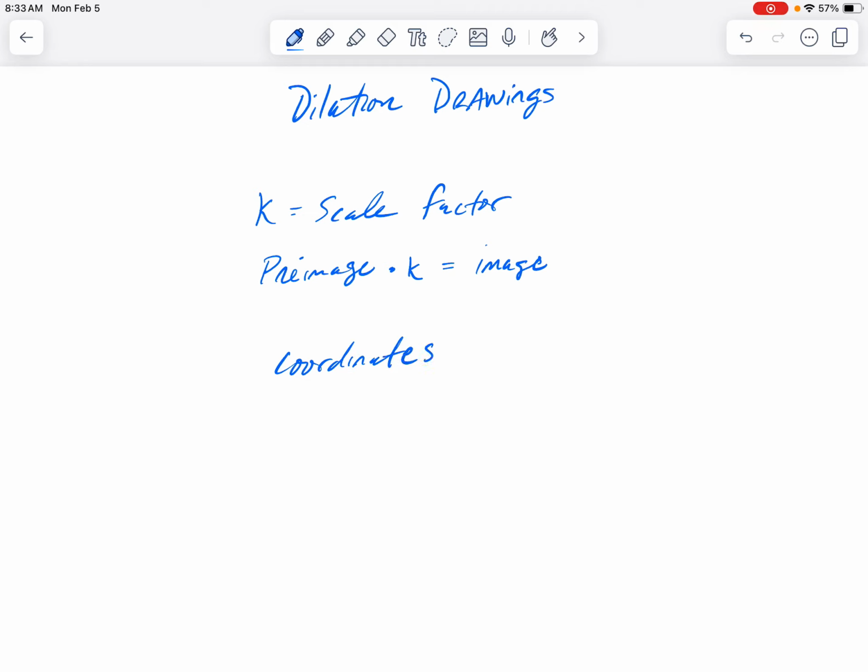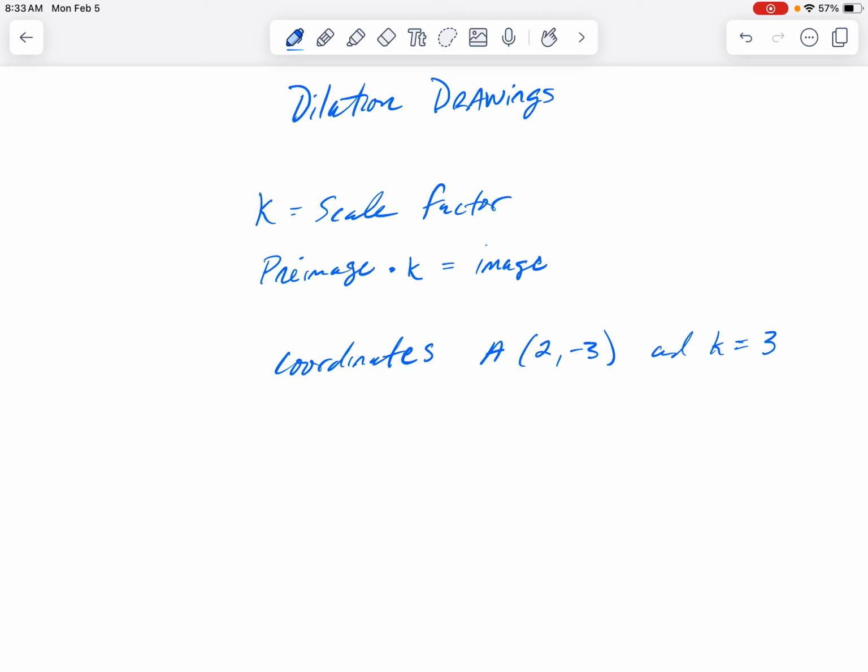so coordinates, if I have some point, let's just call this point A. If this point is at (2, -3), and let's just say I have a scale factor of 3, all we do is take each of these coordinates, multiply by that scale factor, and we get the new values.